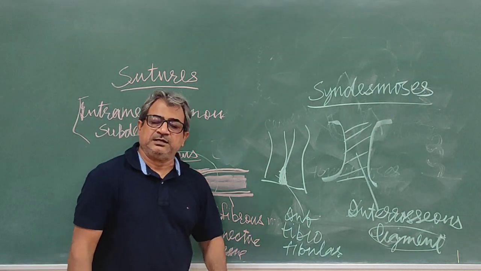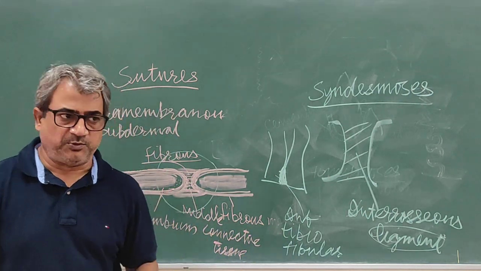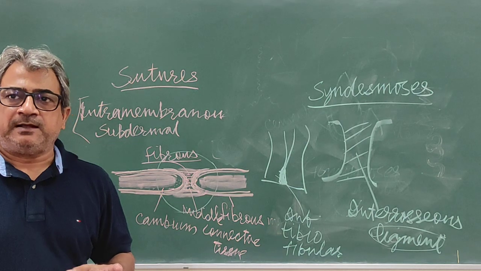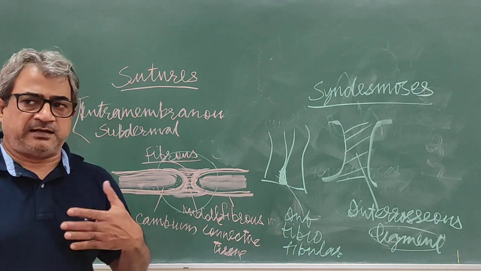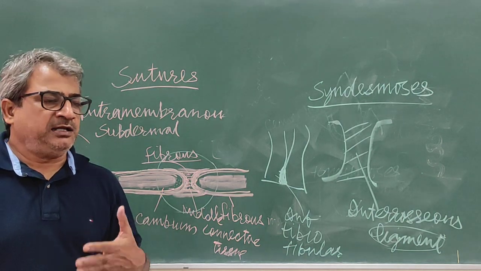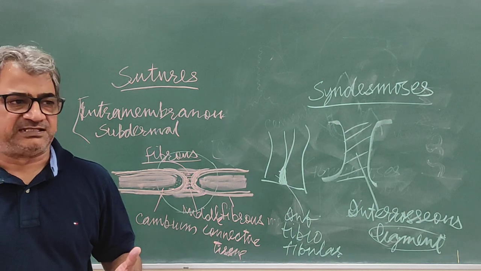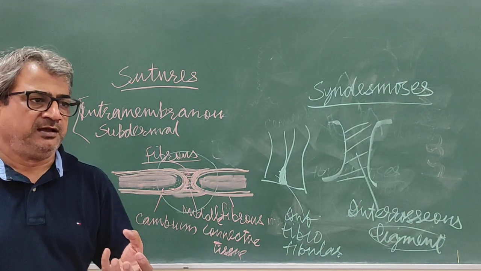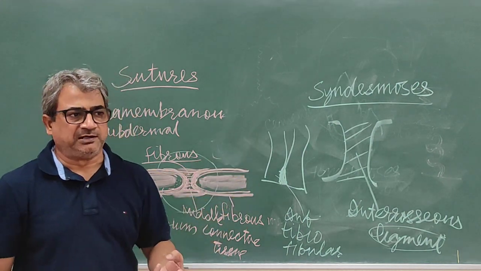This was termed as the sole example of the syndesmosis. But that rendered the classification unuseful, that a single joint is present. Gomphosis, a single joint is present.